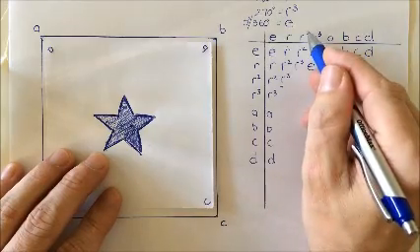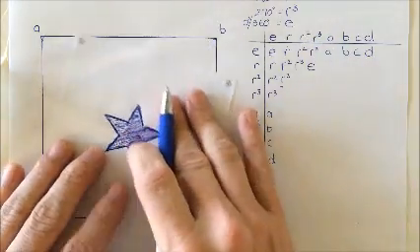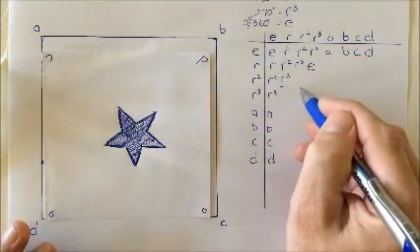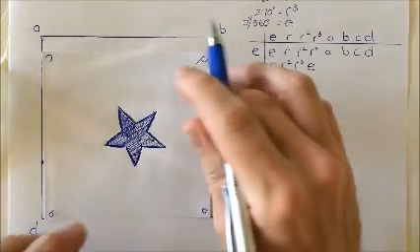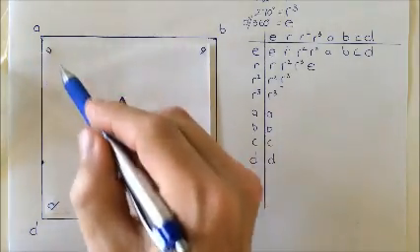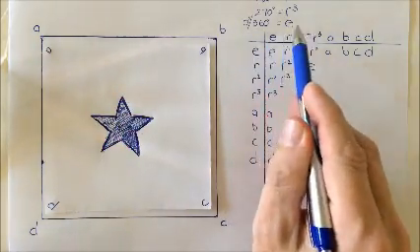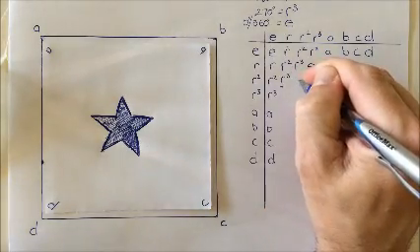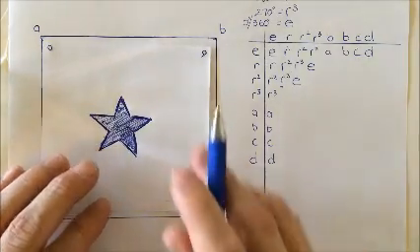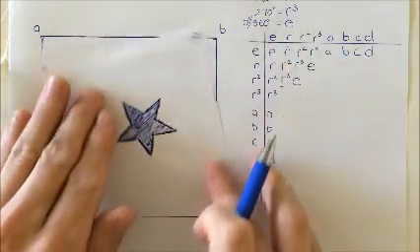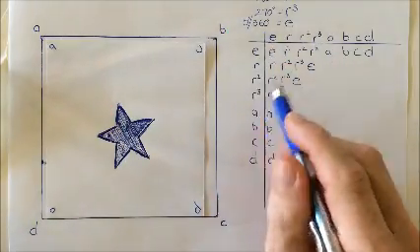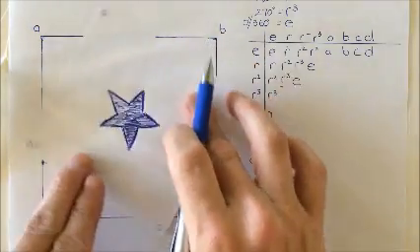We are going to perform R squared movements, so 2 rotations, 1, 2, and we're going to perform another 2 rotations. We're now back to where we started, so at 360 or 0 degrees, which is our identity.